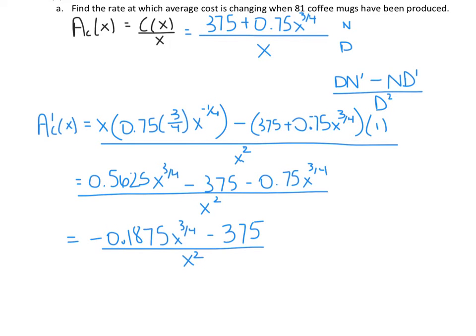Now we want to find the rate at which the average cost is changing when 81 coffee mugs have been produced. So now we're going to plug 81 into our derivative.